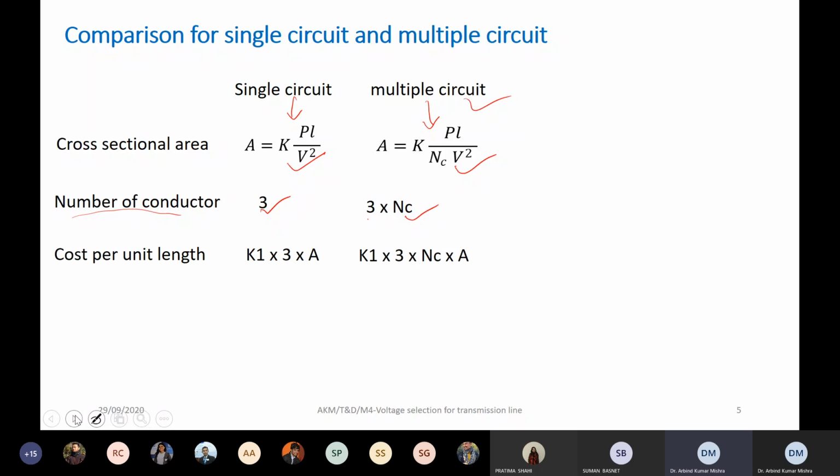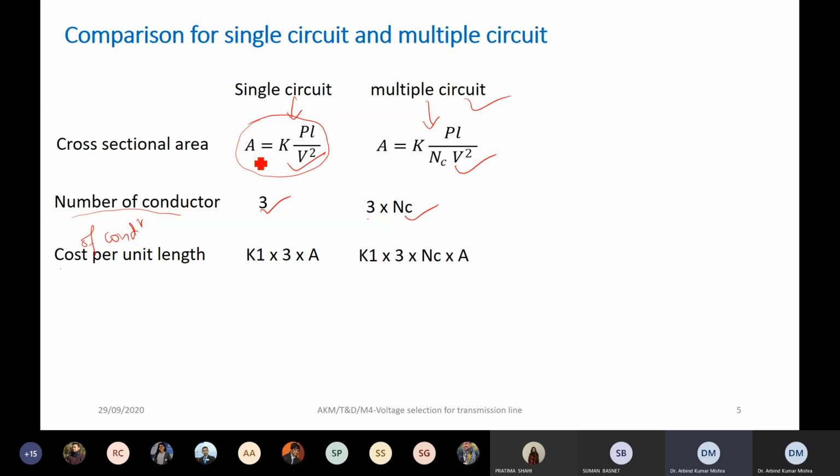If you find the cost of the conductor per unit length, it is proportional to the cross sectional area of the conductor, as I told you last time, because the larger the conductor size, the larger the cost per unit length, and the smaller the size, the smaller the cost.